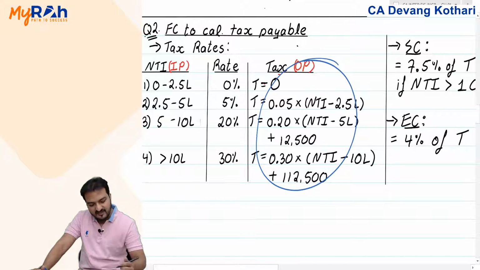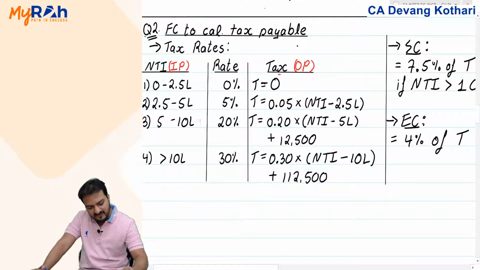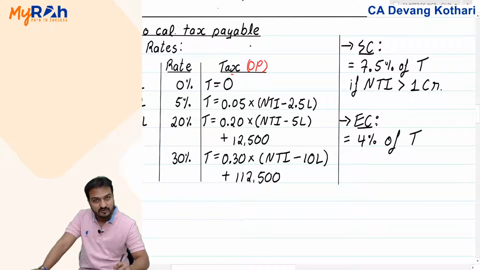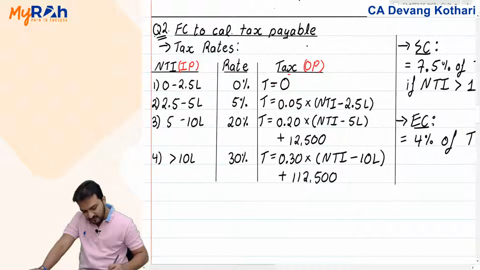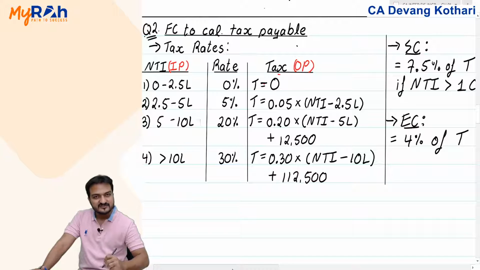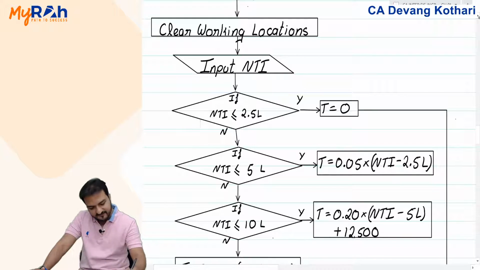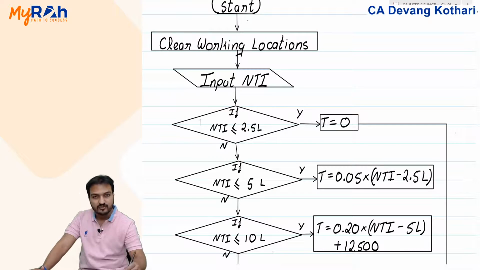Plus, in the same software, I also wanted you to consider a surcharge of 7.5% of the tax if taxable income is more than 1 crore, and also education cess of 4% of the tax. How to present these in a flowchart, I show here. Remember, I told you that flowcharts can be of two types.